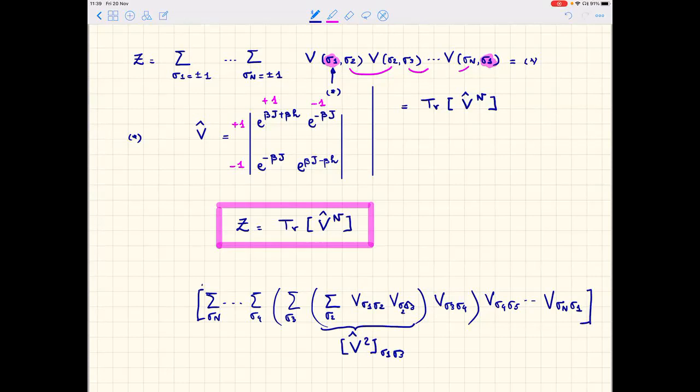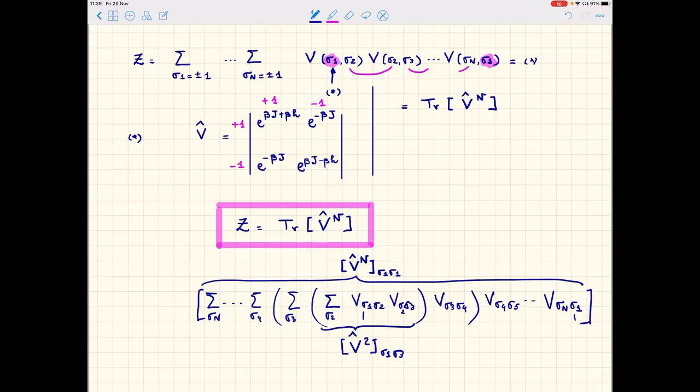Therefore, all these summations will give me the matrix element of V to the power n with indices sigma 1, sigma 1.